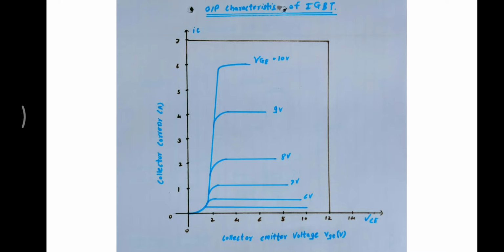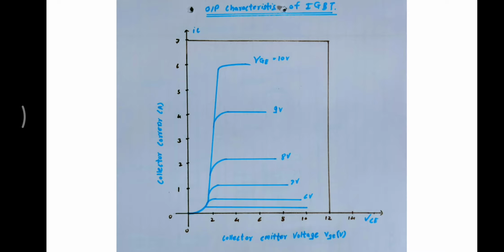The output characteristics of an insulated gate bipolar transistor show the relationship between the collector emitter voltage VCE and collector current IC for different gate emitter voltages VGE. In graphical representation, the output characteristics consist of three regions and are typically plotted as a family of curves for different values of VGE.